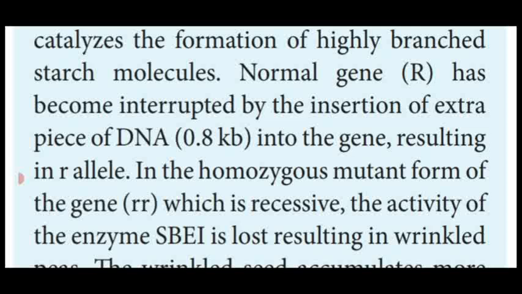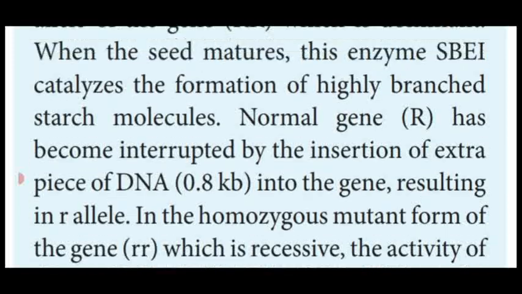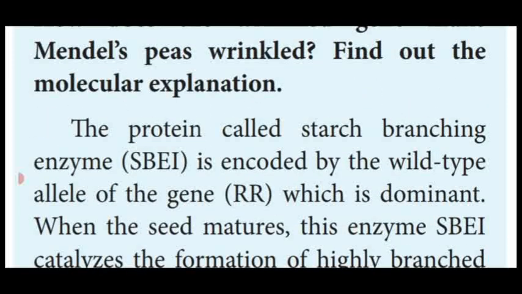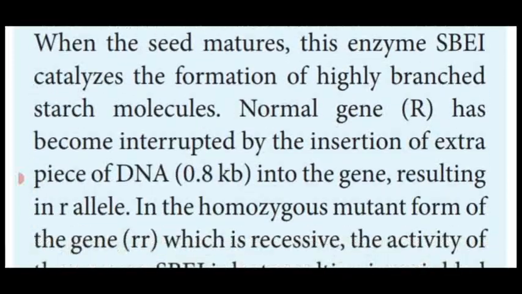So the homozygous mutant form of the gene is recessive, that is small r. Normally, the pea plant having the wild type gene is capital R, capital R. So this capital R gene encodes the enzyme starch branching enzyme, that is SBEI.